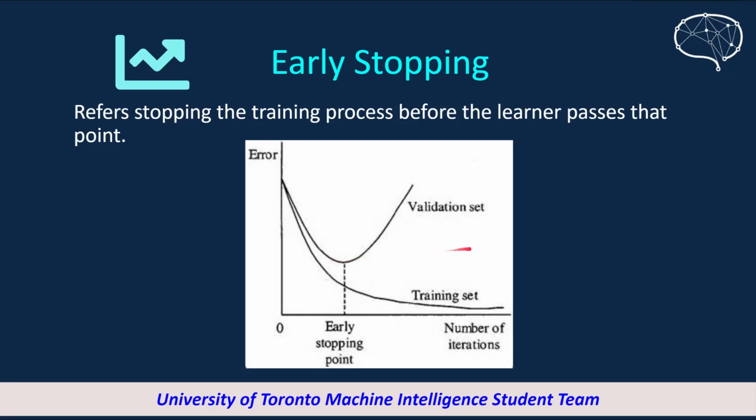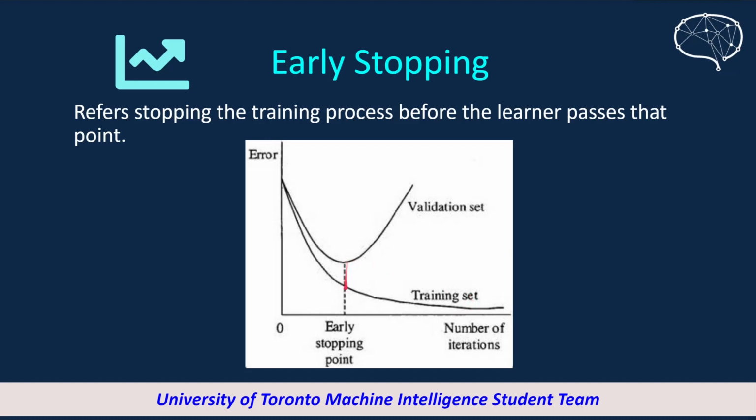So you'll see the validation error gradually increase after some point while the training error is still going lower, which means that your model is trying its best to make the prediction as close as possible to the training data points, but it doesn't necessarily generalize to the validation set or other data it hasn't seen. So the validation error will eventually go up as you overfit to the training set.